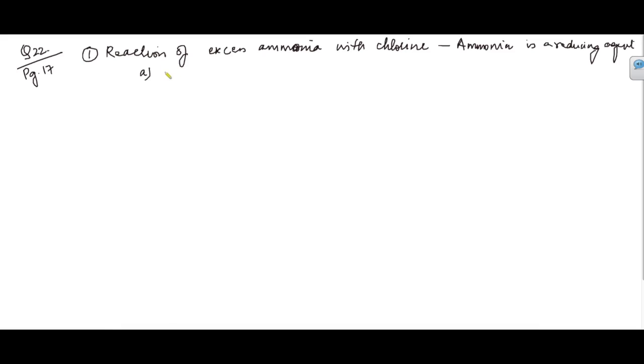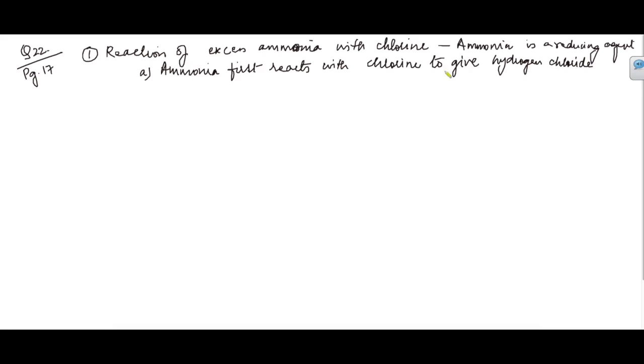The first step that they have described is that ammonia first reacts with chlorine to give hydrogen chloride and also nitrogen.